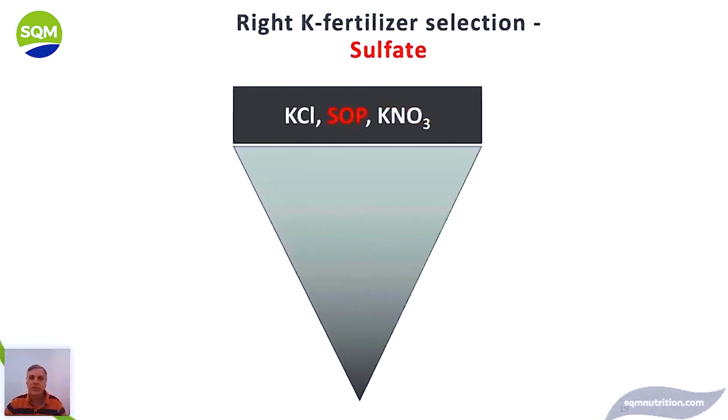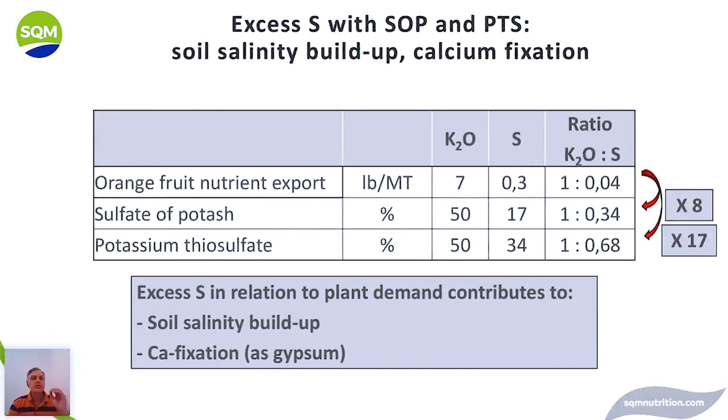If you look at potassium, sulfate of potash as a source is an excellent source, but you need to keep in mind the balance with sulfur, because together with potassium we are applying sulfur when you use only potassium sulfate as our potassium source. Then we need to consider the nutrient extraction of the crop.